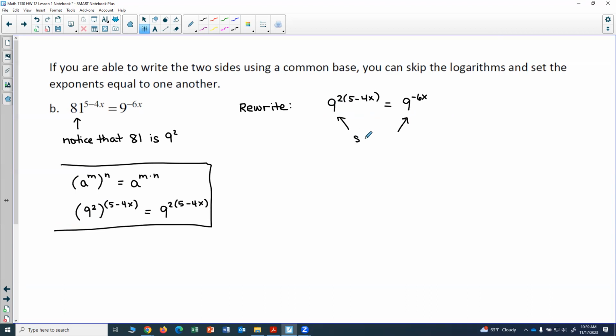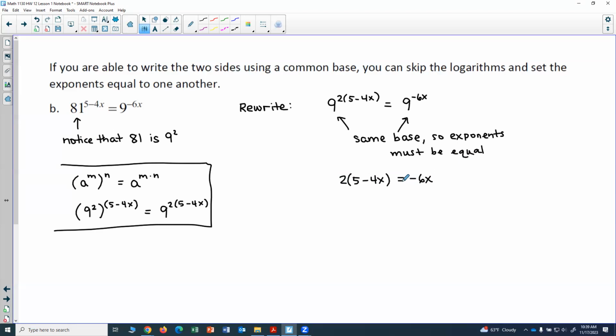So anytime you end up with this situation where you have the same base, there's no additional terms, that means that your exponents must be equal. And so now the problem just becomes 2 times 5 minus 4x equals negative 6x. And it's a much easier problem to solve.